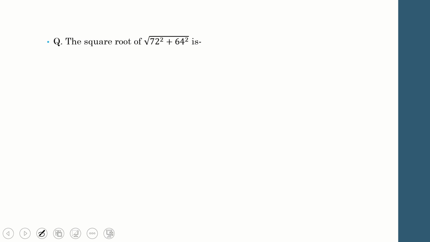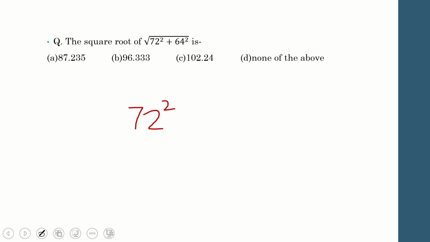Generally you will use the calculator and write 72 square plus 64 square and get the answer, but not like that. Options are also given. So we have a technique for 72 square plus 64 square.